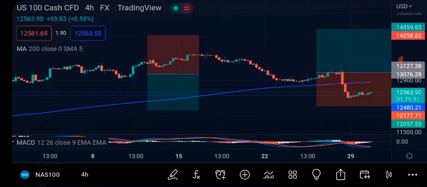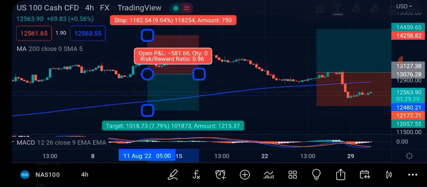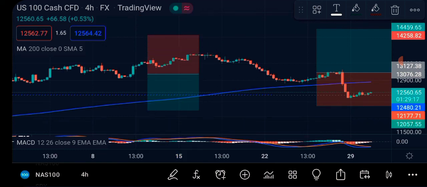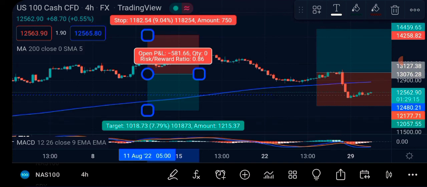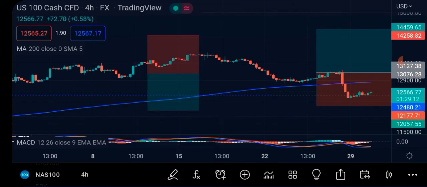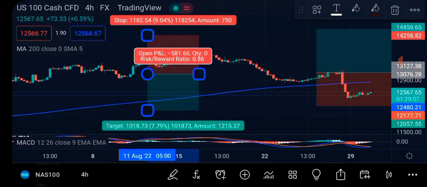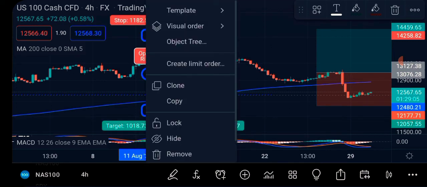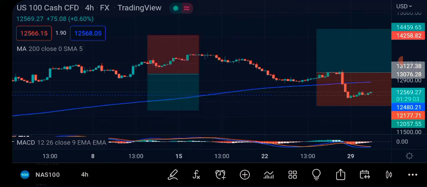So this is how to go about it, but I'm trying to show you how to determine your risk to reward ratio. You can see the risk to reward ratio here is 0.86, right? Now, I'm just giving a random take profit and stop loss illustration here.